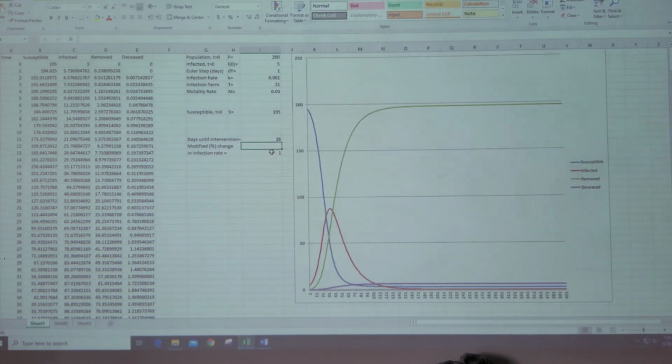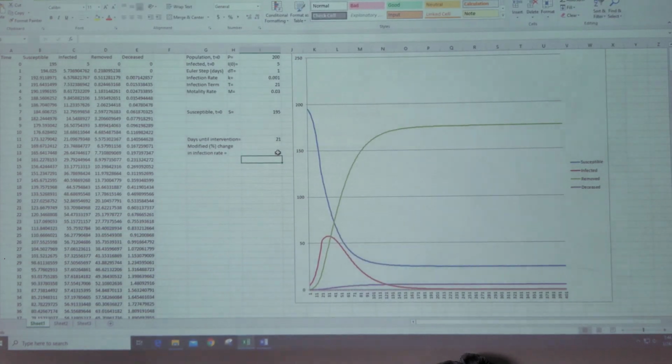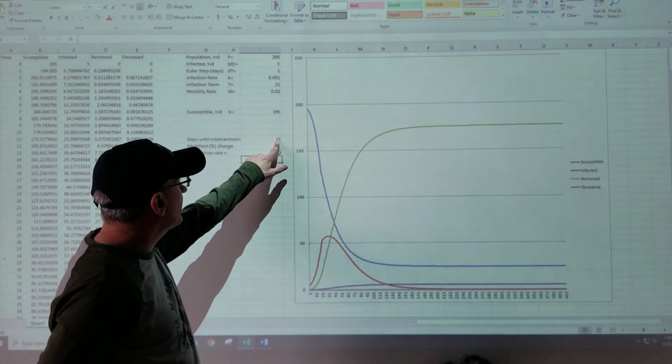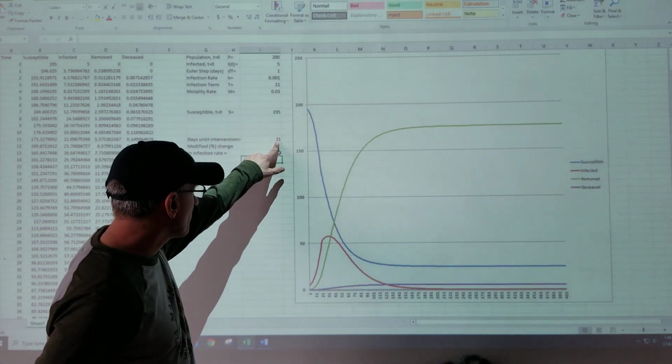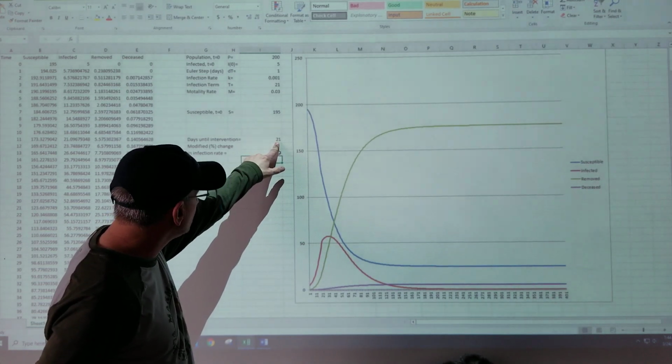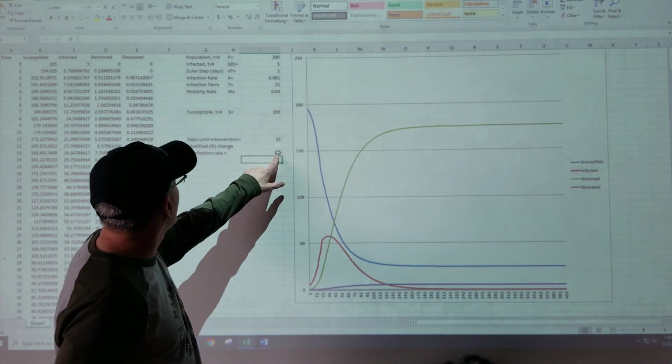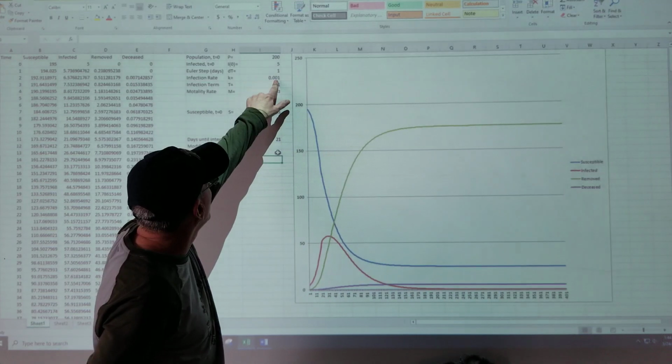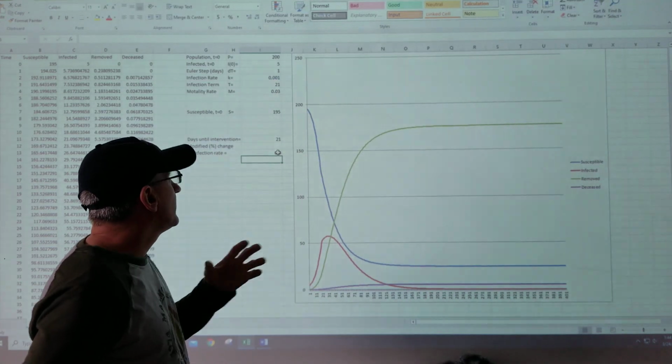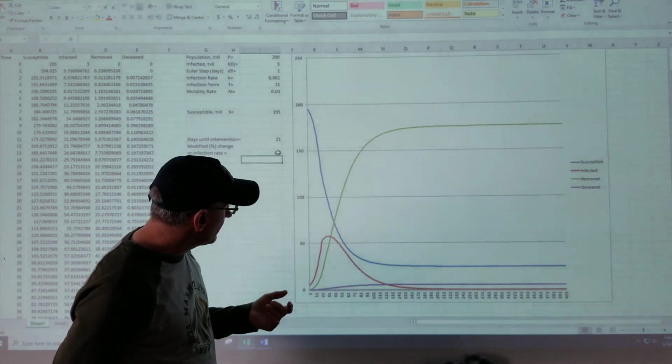Okay, this is doing nothing. Let's try this instead. What if we did something at 21 days and we're able to cut the rate of transmission in half? There's an interesting looking curve. So 3 weeks into this, we cut the transmission from 0.001 to 0.0005, 5/10,000ths.